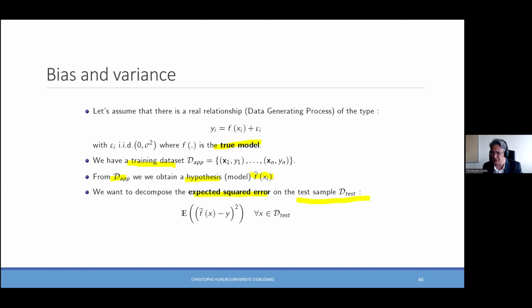So this is not to decompose the error on the train set, but on the test set, so for new data. We want to compute this quantity: the expectation, the mean of the squared difference between f hat and y, for x that belongs to the test set.